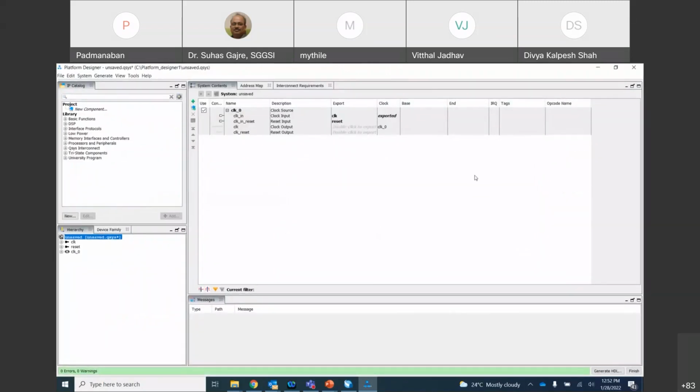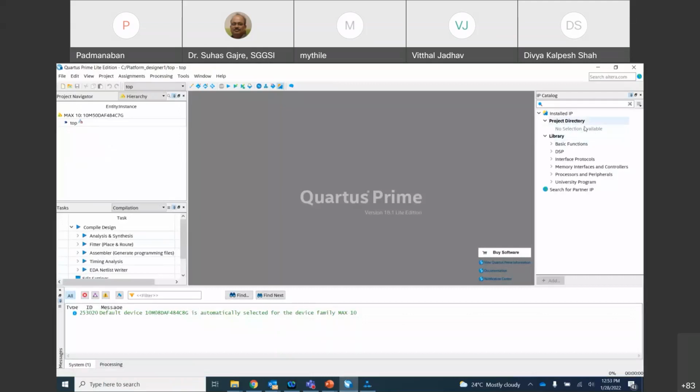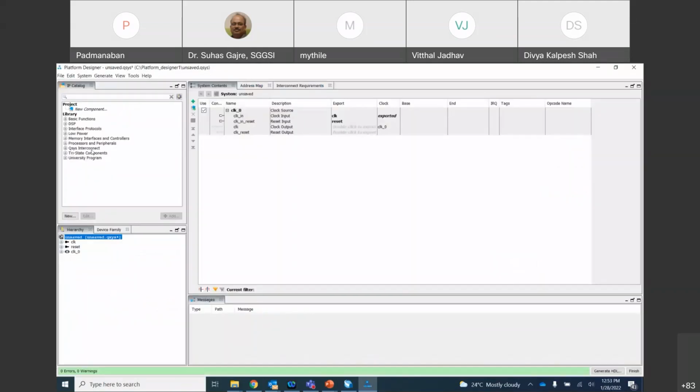In the Quartus Prime design software, the IP catalog was present on the right-hand side. In the Platform Designer tool, you can see the same components are available on the left-hand side. You can get the IP here. You can see there is a top-level signal, clock and reset.